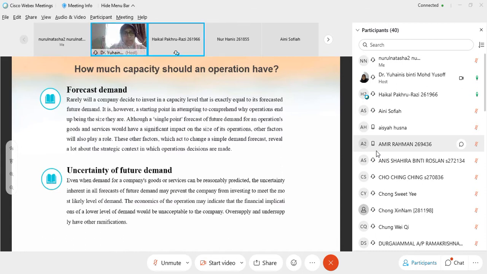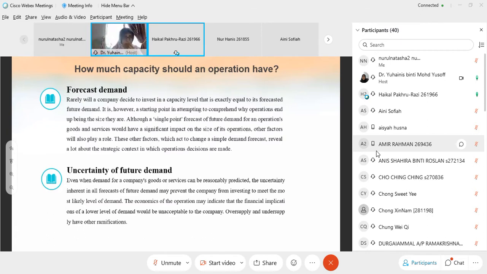Okay. Forecast demand, a simple demand forecast of future demand for operation goods and service impact on the size of its operation.